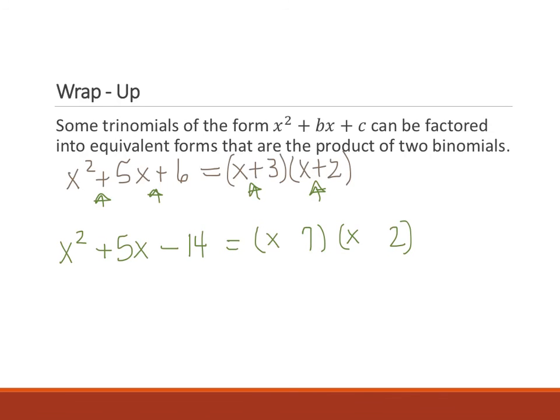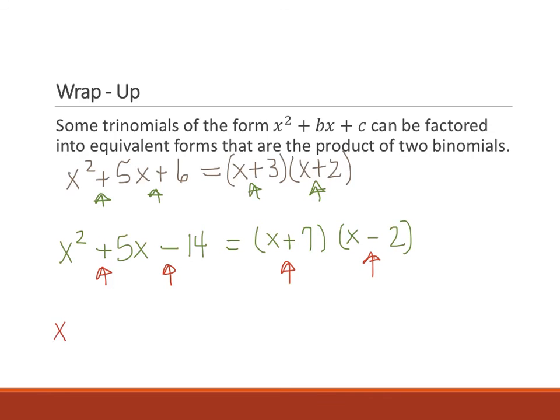Then I have to figure out which number will be positive and which negative. In order to have a positive 5, I would need the 7 to be positive and the 2 to be negative. So again, the sign of c and the sign of b will determine the signs of the resulting binomials, whether they're sums or differences.